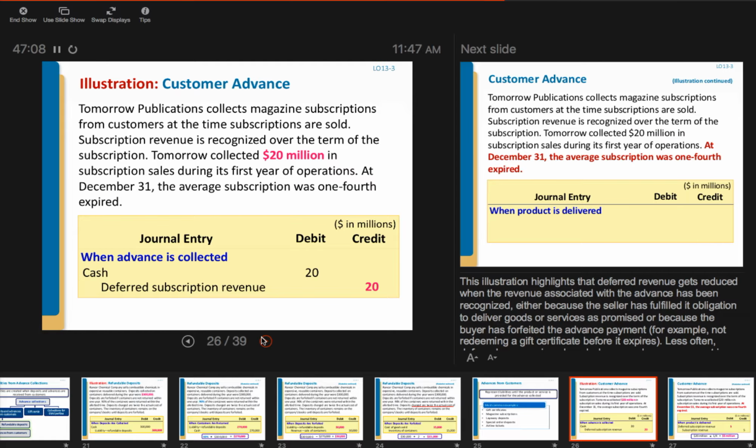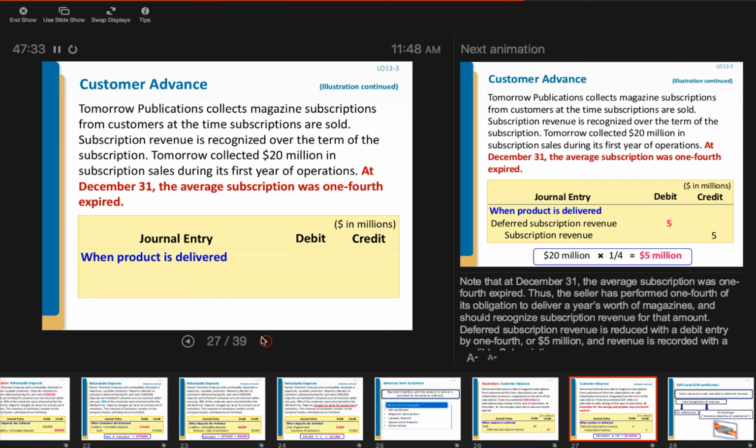When the cash is collected, you have either deferred or unearned revenue. Okay? Either way you call that, calling it deferred versus unearned is kind of splitting hairs. They both mean the same thing. These are both liabilities because you have to actually provide them with the service.